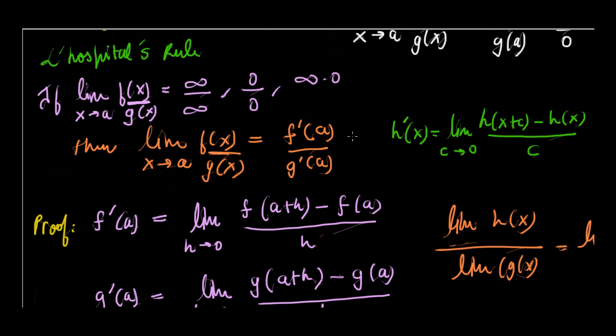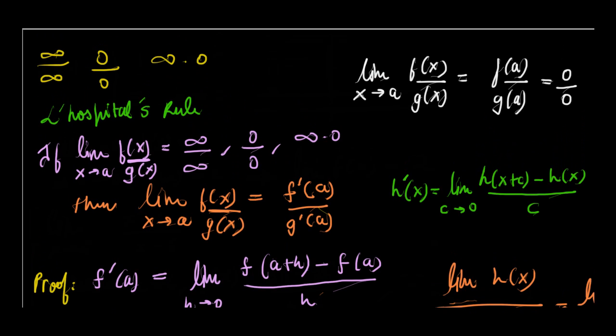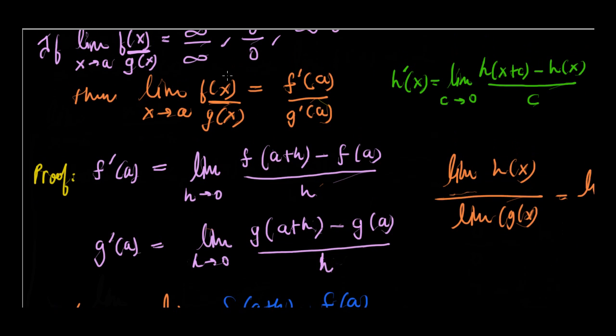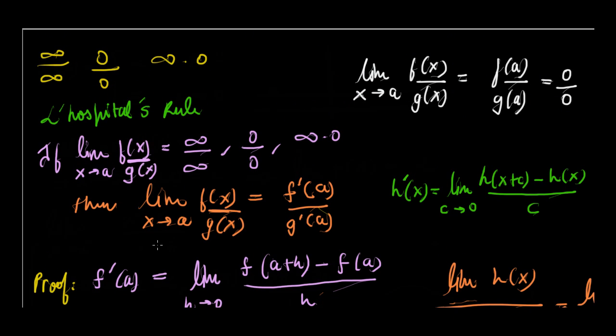So we got the left hand side here. From the right hand side, we proceeded, and we used the definition of derivative. We assumed that f of a and g of a are 0. Then we got to the left hand side, right? Because you can see that the left hand side is the limit as x approaches a of f of x over g of x, which I said is the same as this thing.